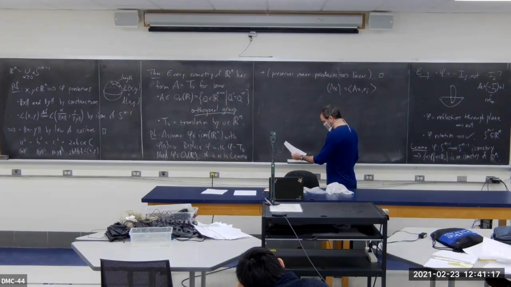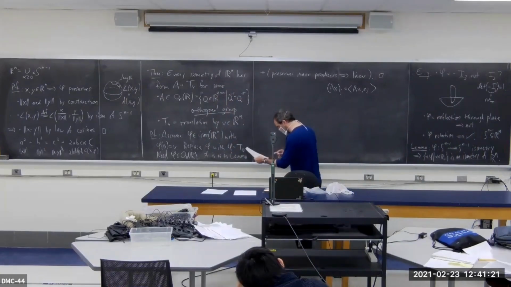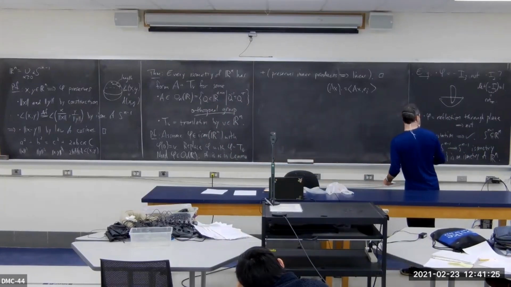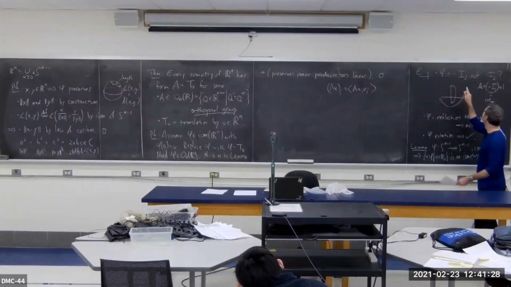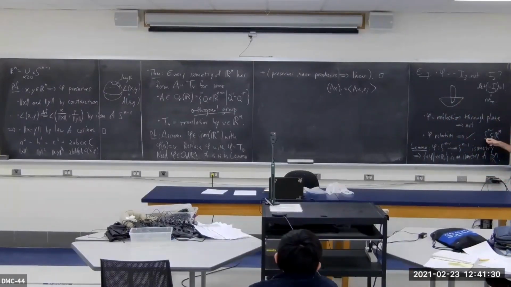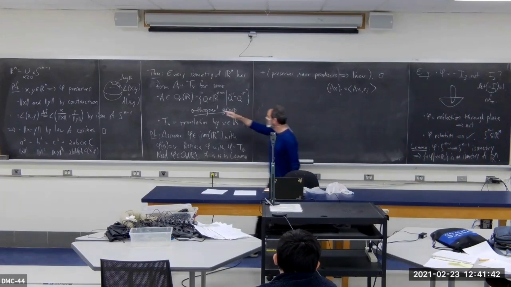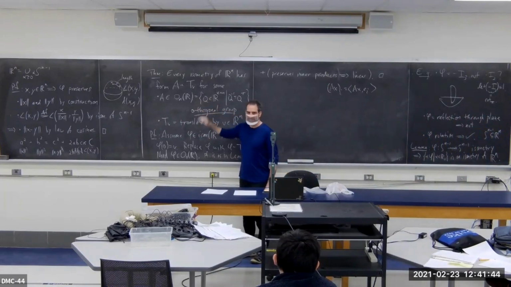Let's see. What were we talking about? We were talking about isometries of Sn, or S2, and then we ended up talking about isometries of Rn. Since we were interested in the isometries of Sn minus 1 to begin with, what kind of isometries of Rn give me isometries of Sn minus 1?